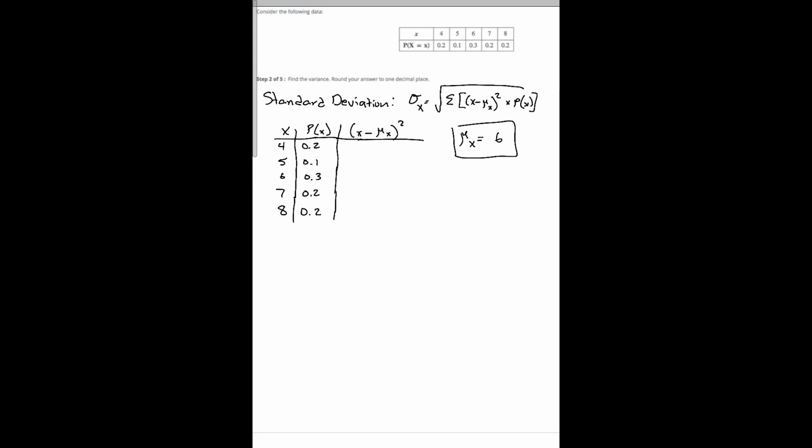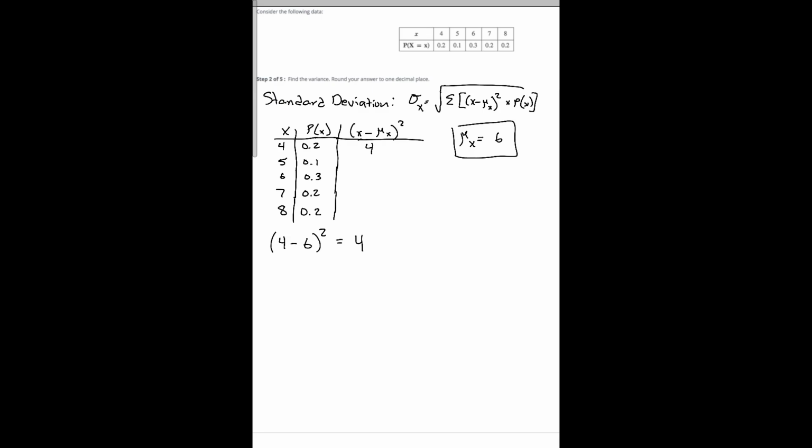All right. Now, I have to do exactly what the third column tells me to do. So it is going to be 4 minus 6 squared. Well, 4 minus 6, that gets us a negative 2. And then a negative 2 squared, well, that gets us a 4. Okay.